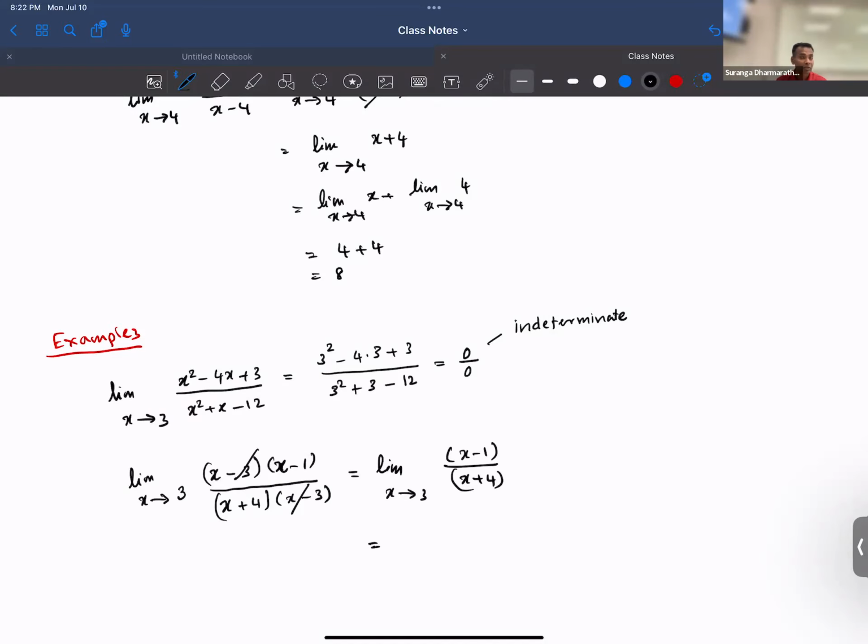The denominator does not go to 0. So you can find 3 minus 1 divided by 3 plus 4, which is 2/7. Does that make sense? Yeah, let's go to the next one.